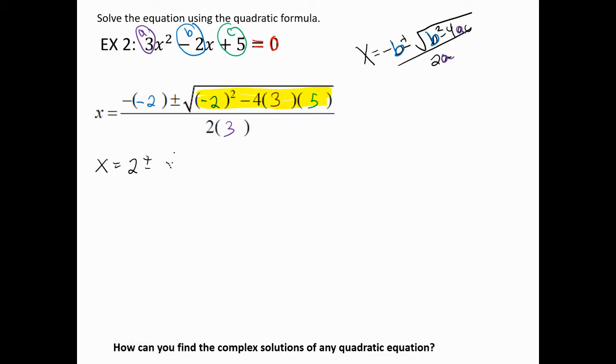So we're going to square it. This is -2 times -2, so it's going to be a +4. Anytime you square a number, it is a positive. And then this is going to be -12 times 5. We know that is -60, all over 6.